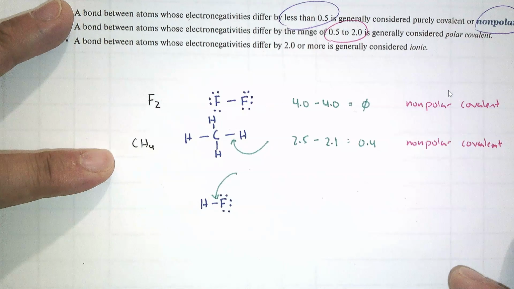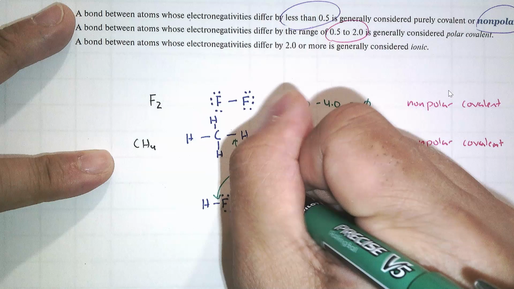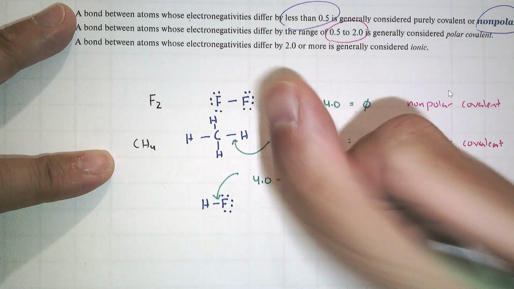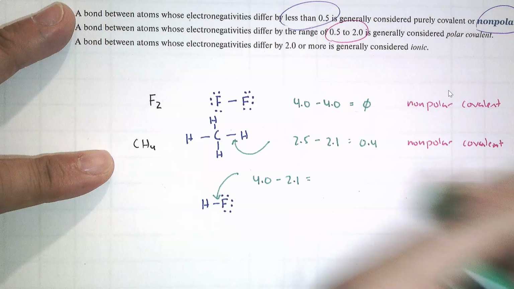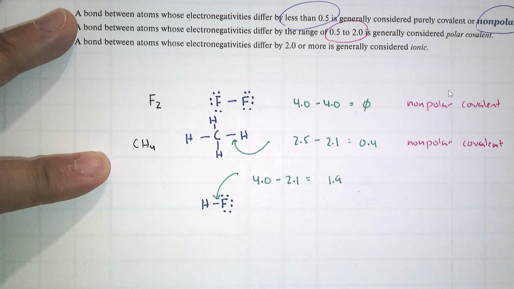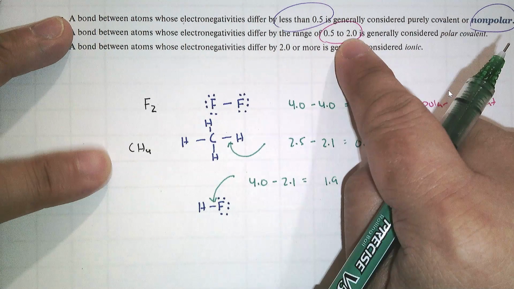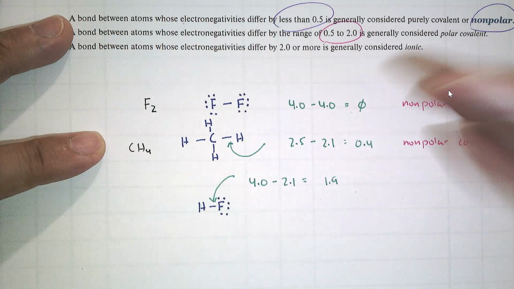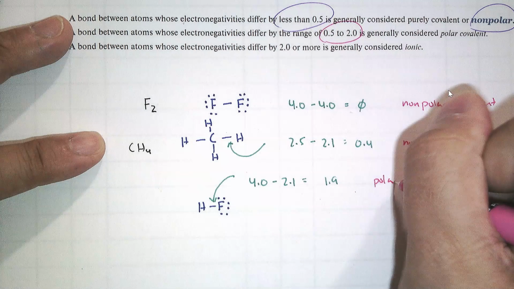F has an electronegativity of 4.0. Hydrogen has an electronegativity of 2.1. That is 1.9, so it's pretty polar. It's on the higher range of polar covalent bonds. This is called polar covalent.